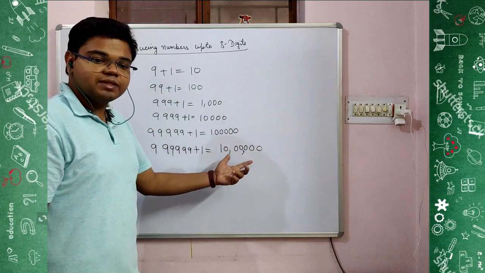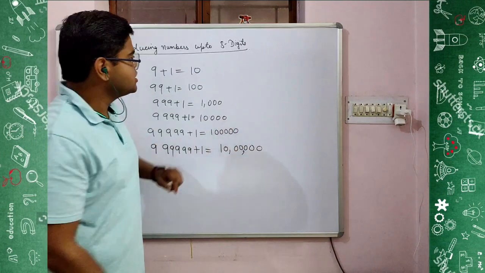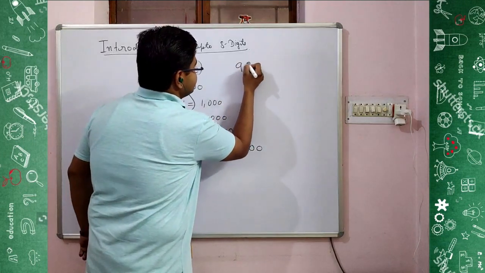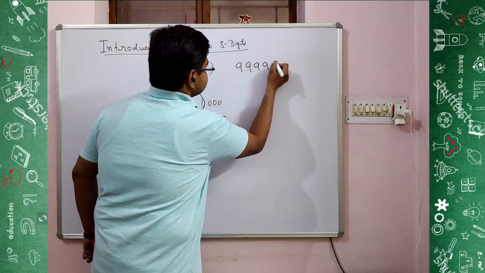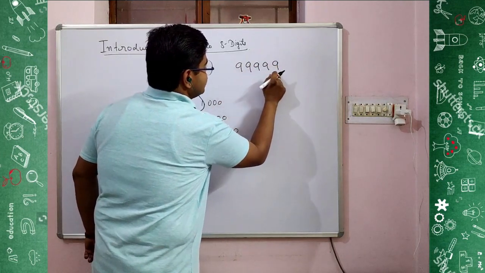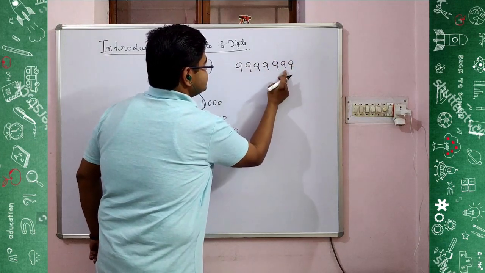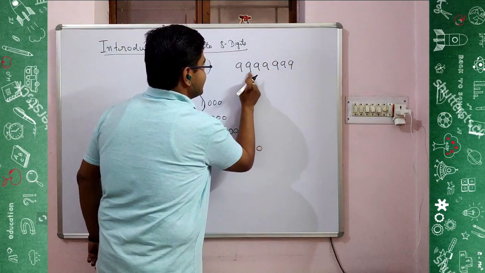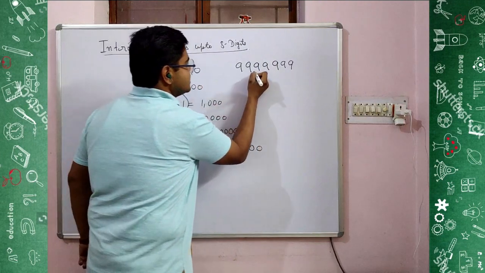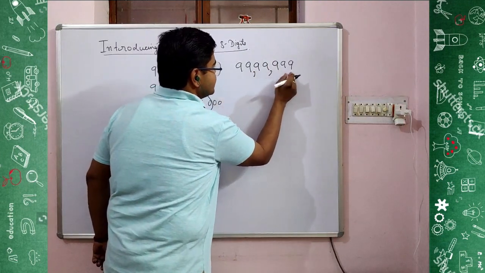So what would be the largest 7-digit number? It will be 99 lakh 99,999.